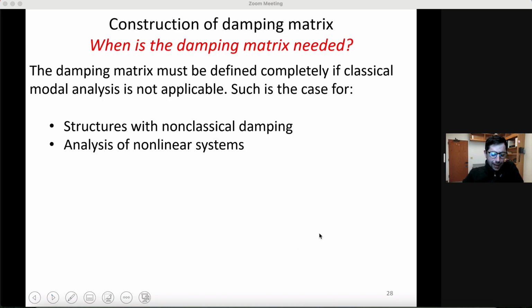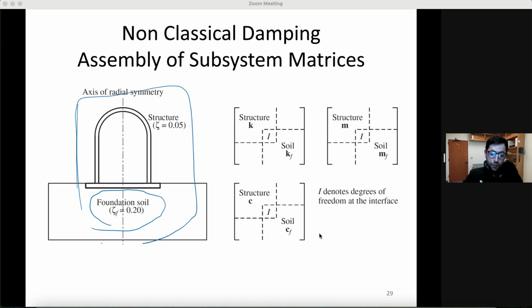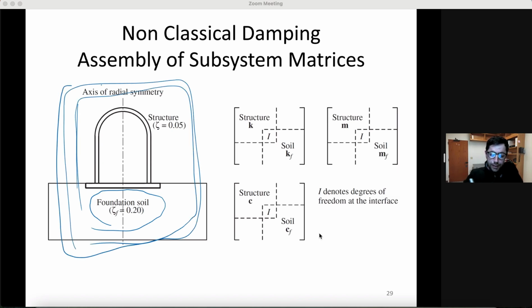Clearly, this classical damping can be used only when the mechanism which is dissipating energy in your structure is constant, meaning it is always the same. For instance, if you need to model the interaction of a foundation and of a structure, you have systems with a very different amount of damping.